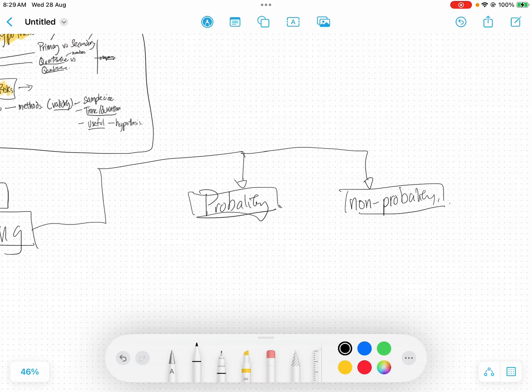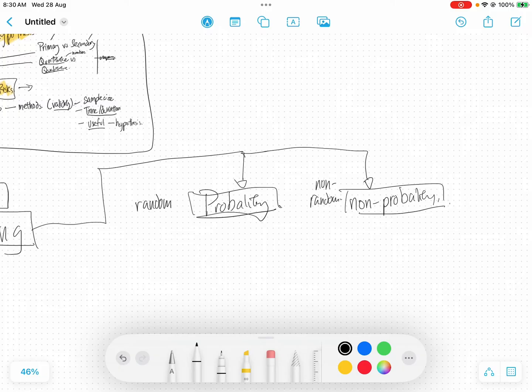For probability sampling, just remember it is random. On the other hand, non-probability sampling is non-random. So why is there a need to do random or non-random?